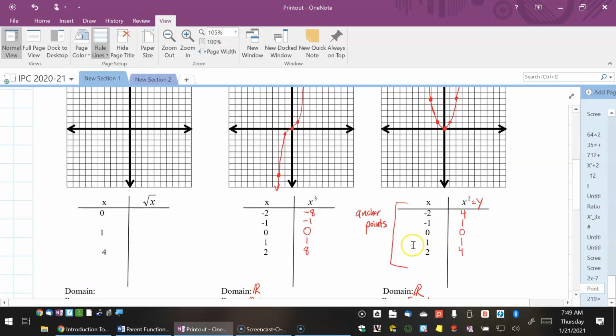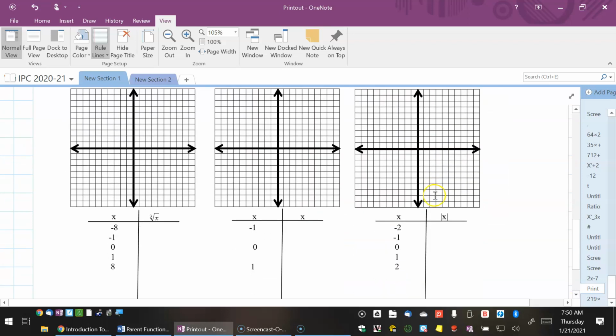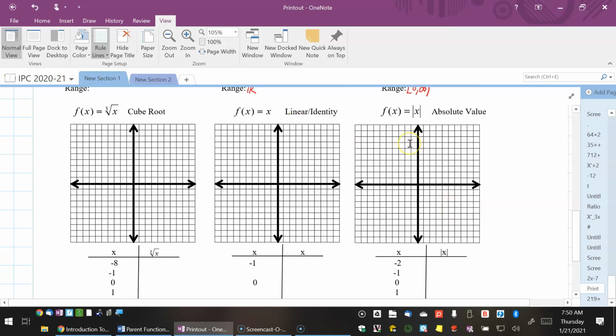If you look at x squared and x cubed, there are some things that you can figure out about the anchor points that will help you memorize them. The first thing is the x's are just -2 to 2. And the y's are whatever you get when you plug -2 to 2 into the elementary function, into plain old x cubed or plain old x squared. And that's a pattern that we see repeated down here with x and absolute value.